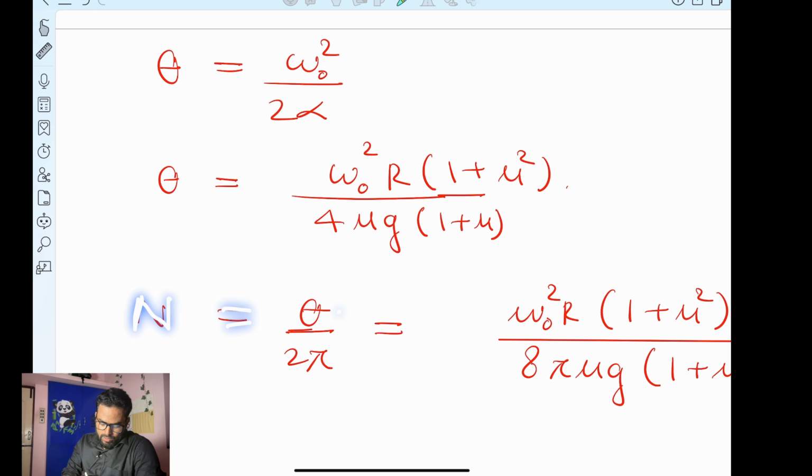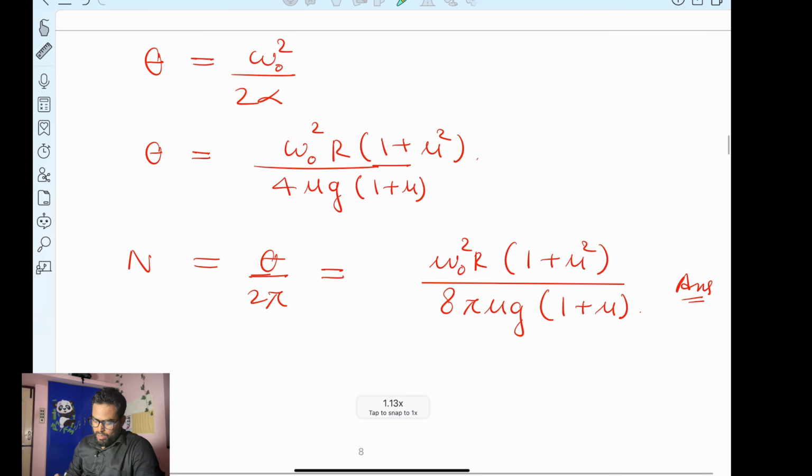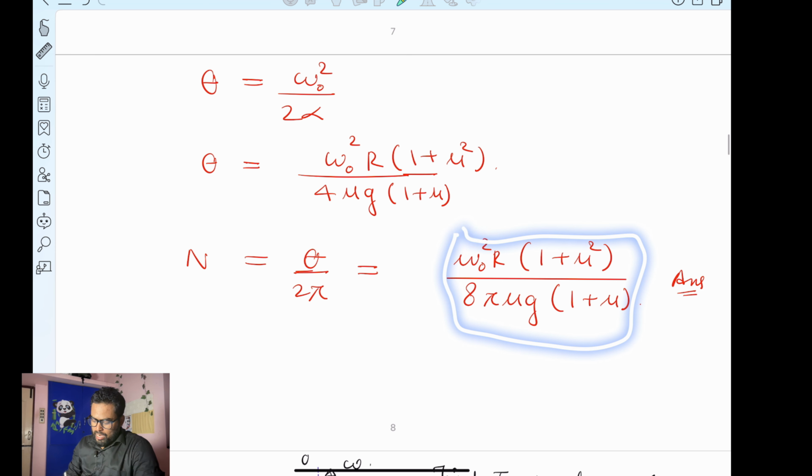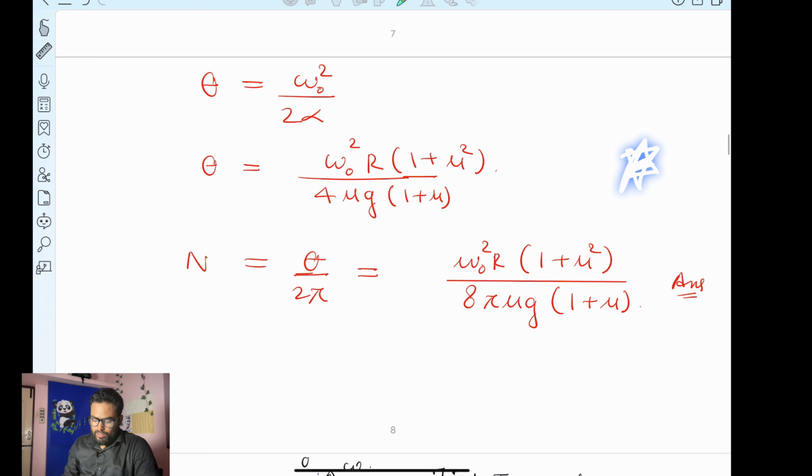The number of rotations would be the angle divided by 2 pi, because in one rotation it covers 2 pi. That gives the number of rotations it makes before stopping. Okay, important question, go through it again.